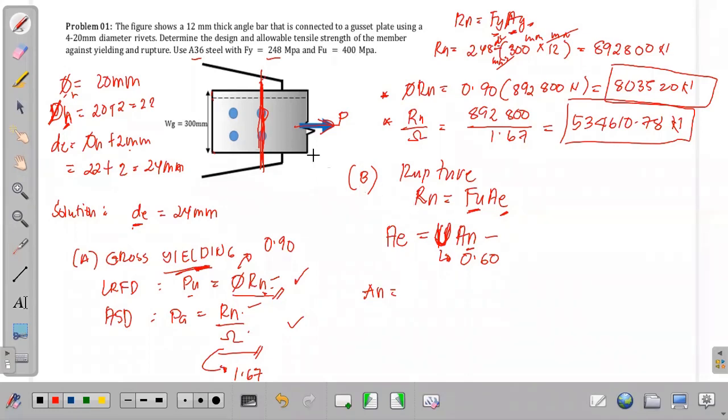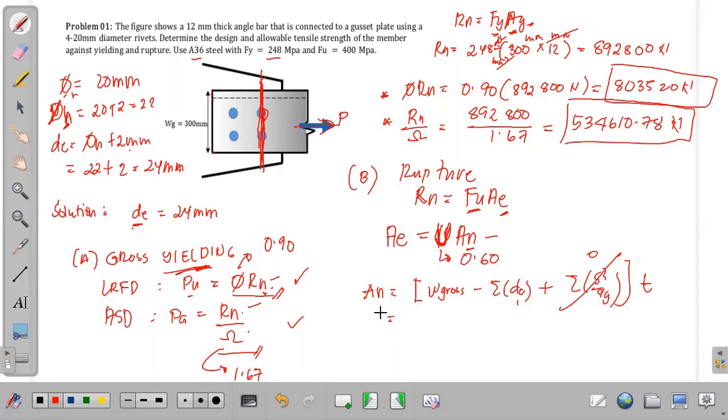So, ang magiging net area natin is W gross width minus the summation of DE. Ito yung effective hole diameter. Okay? So pagka staggered yan, magpa-plus kayo ng summation of S squared over 4G. And since hindi siya staggered, 0 yan. Siyempre, imumultiply natin yan ng thickness. Area ang hinahanap natin. Okay?